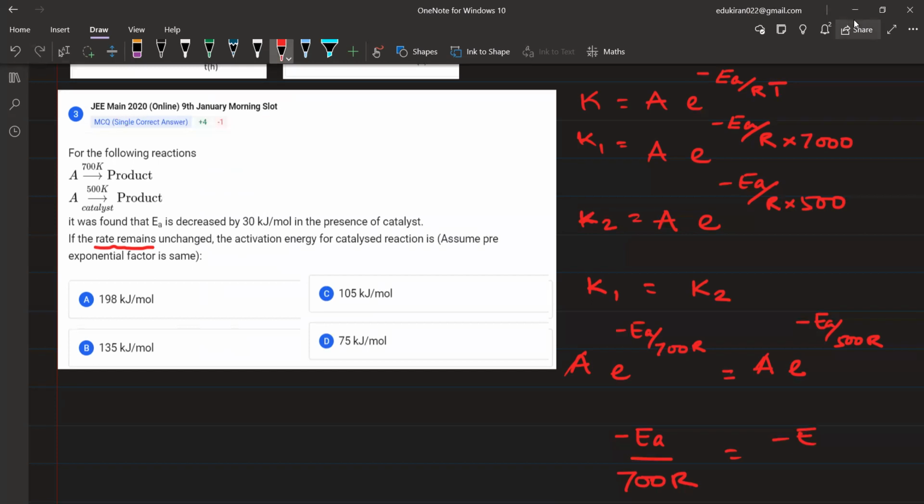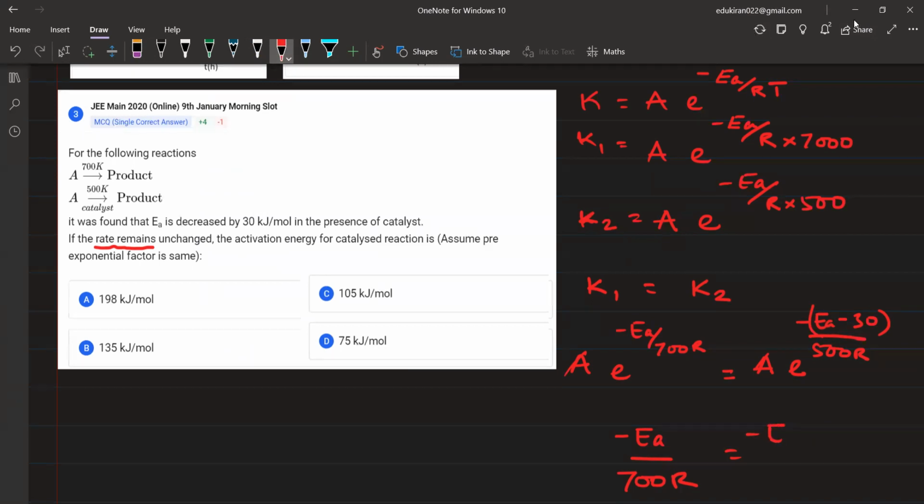It was found that EA is decreased in the presence of a catalyst. Oh, so the catalyst is at 500 Kelvin. So for 500 R, this will be EA minus 30. Is this clear? Yes or no? Please tell me. Activation energy is decreased by 30. Yes, sir. Okay.